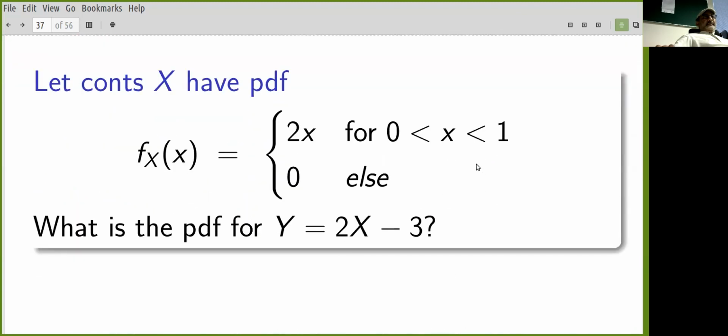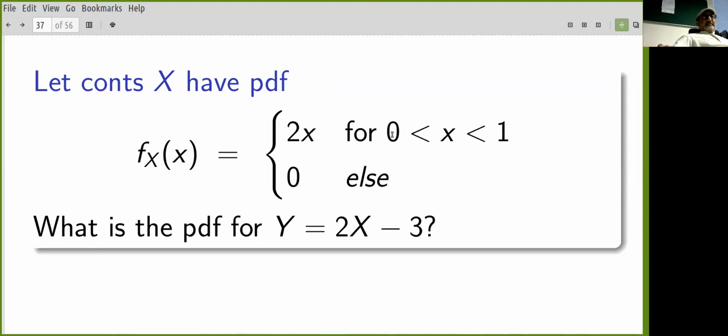So f sub x of x is equal to 2x when x takes values between 0 and 1, and it's 0 otherwise. So let's say we've checked that that's a PDF. So what's the PDF for y equal to 2x minus 3? Well, we transform this value twice.